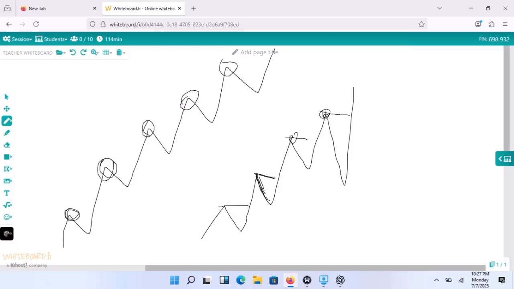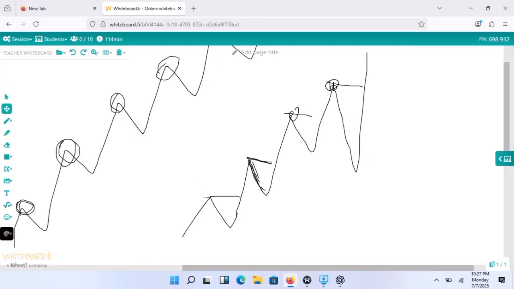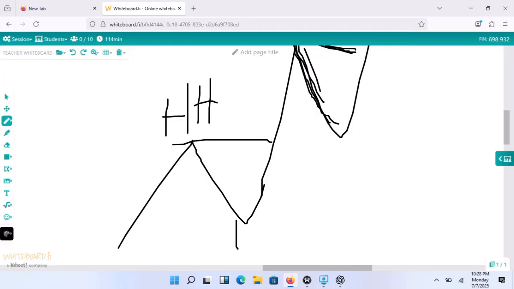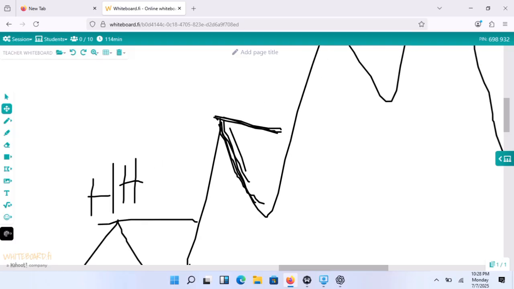So now, what do we call all these highs in the forex market? We actually call them the higher high, the higher low. This one too is a higher high. That is to say, that's the highest place there.